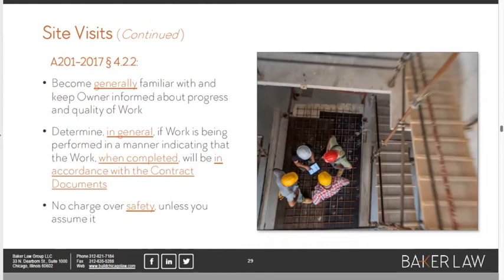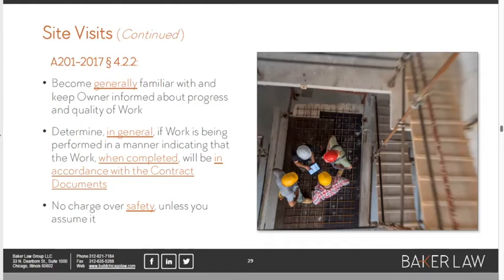The architect is not paid to watch the contractor drive every nail. When I'm negotiating a contract and I represent the architect, and there's an owner that's trying to change the language here, which I'm going to go over in a second on the slide, and make it like the architect is the guarantor of perfect construction, I tell the architect, tell your owner client that you're increasing your fee by 25 times if they want you to watch every nail being driven.